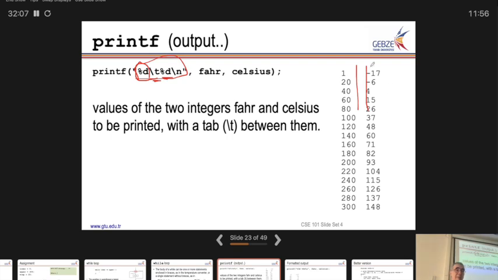But the problem is the minus sign is shifting the numbers, and they are also not right aligned. You can have them right aligned, just like a commercial listing. In Excel, numbers are aligned to the right side. You can have that. But this standard %d aligns to the left.